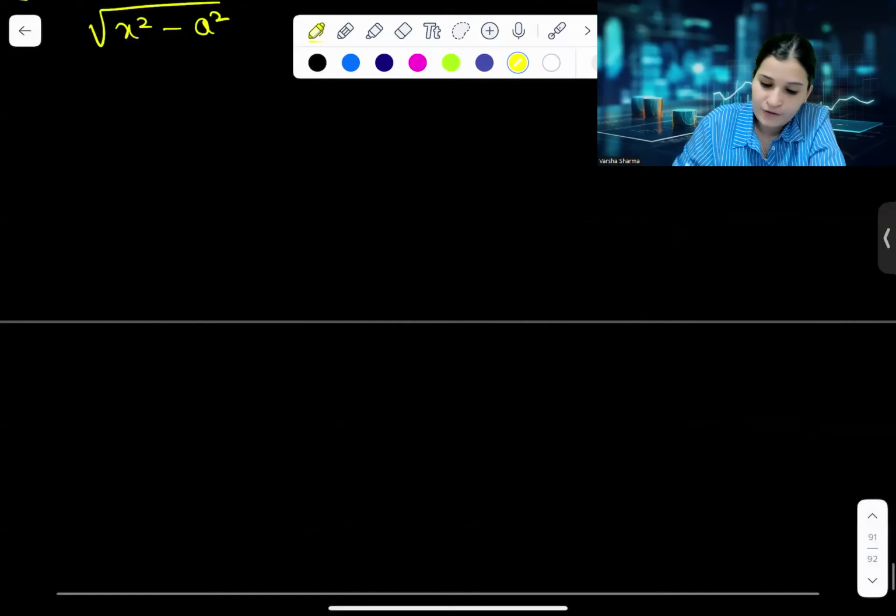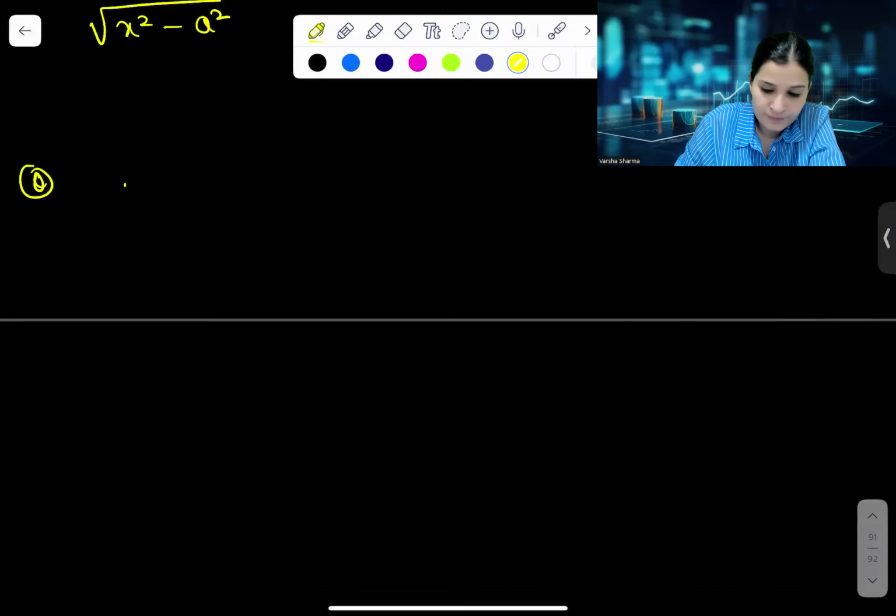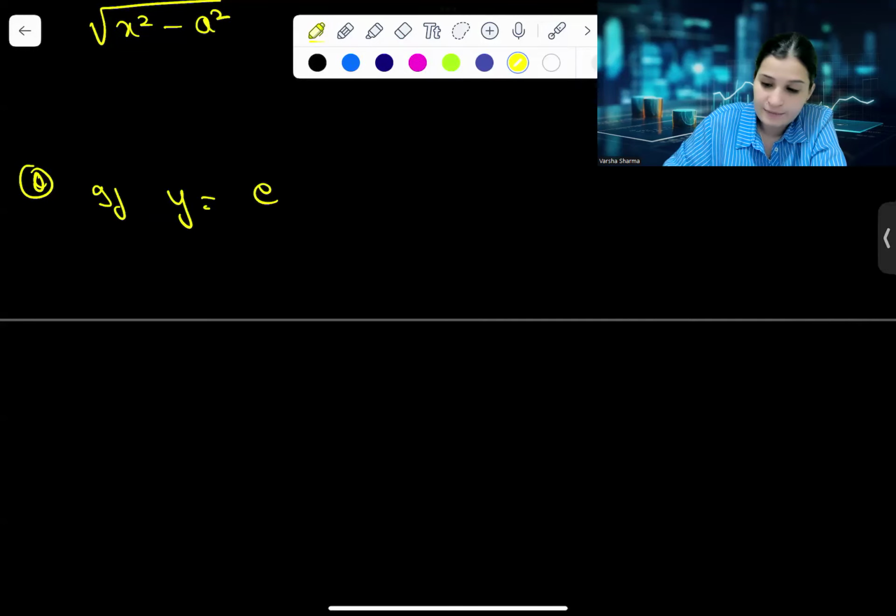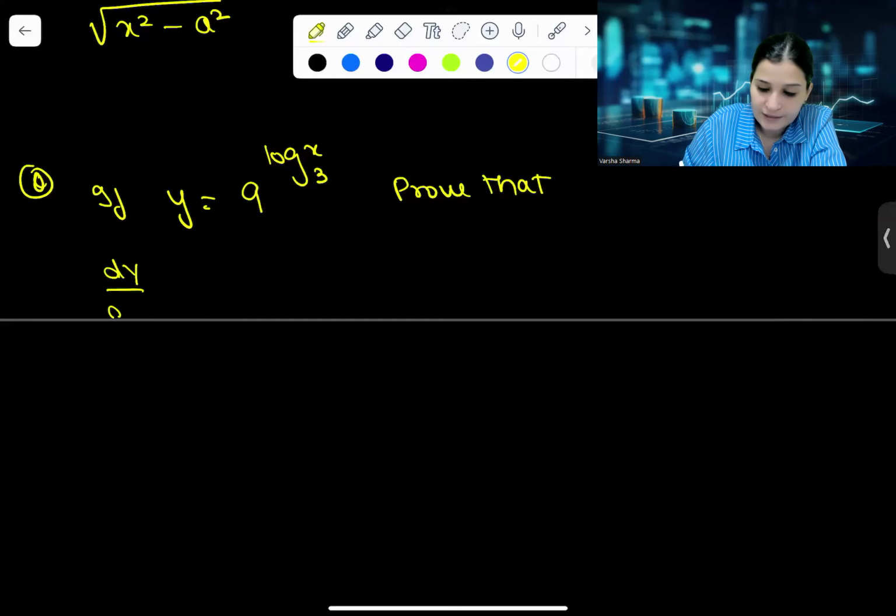Now question: y equals 9 power log x base 3. Prove that dy by dx equals 2x.